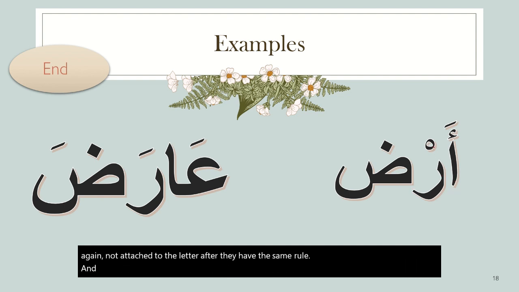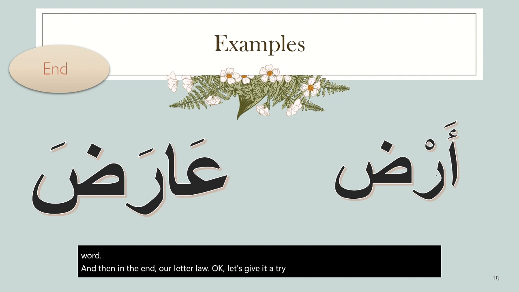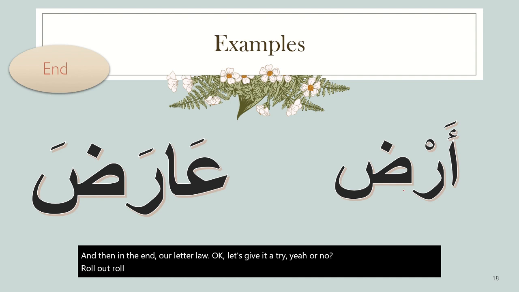And ra has this circle above, which is sukun, means no vowels while pronouncing ra in this word. And then in the end, our letter ض. Let's give it a try. أرض أرض أرض. Okay, أرض means earth.